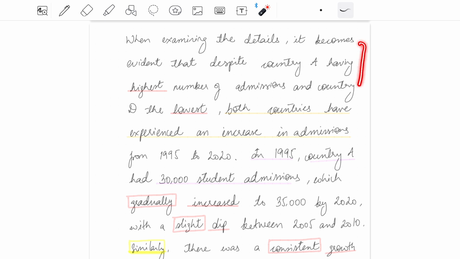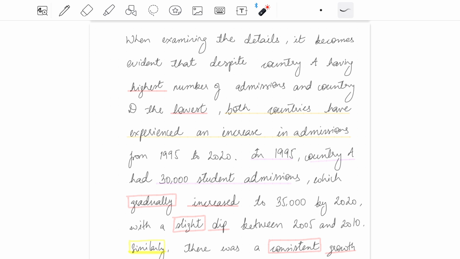So just by mentioning this, I have told the examiner that country A has the highest number of admissions and D has the lowest number of admissions, but both of them have an increasing trend in admissions from this year to this year. And then I move on to elaborate and provide the data.